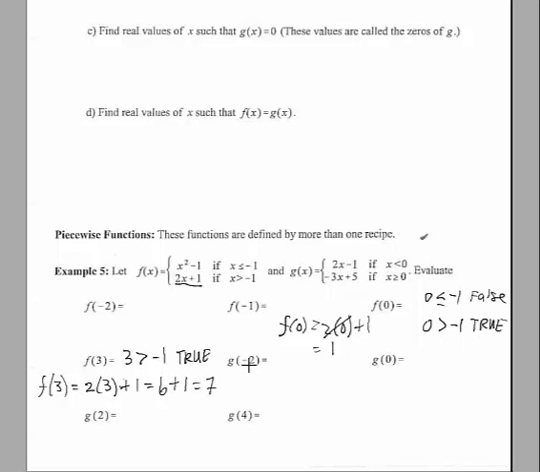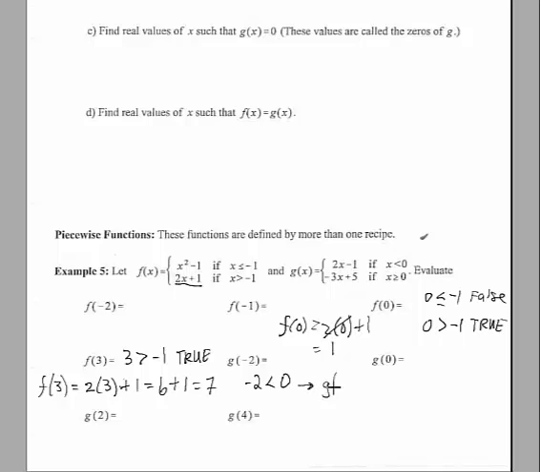Okay, g, a new function. We're focusing on these two expressions, and we have a different reference number for our inequalities, 0. So is negative 2 less than 0, or is it greater than 0? Negative 2 is less than 0.